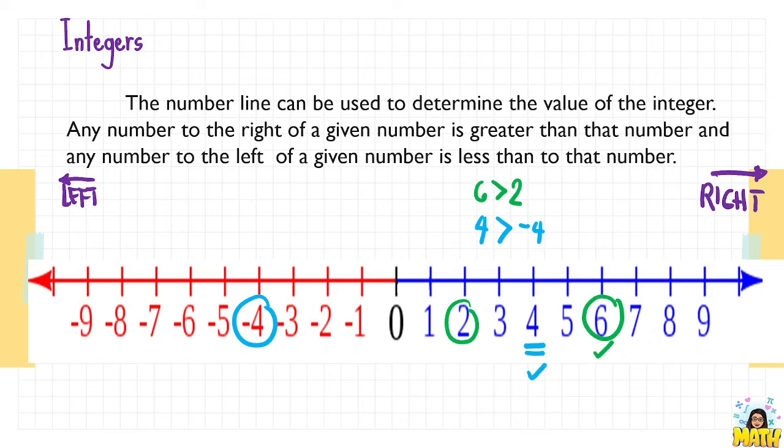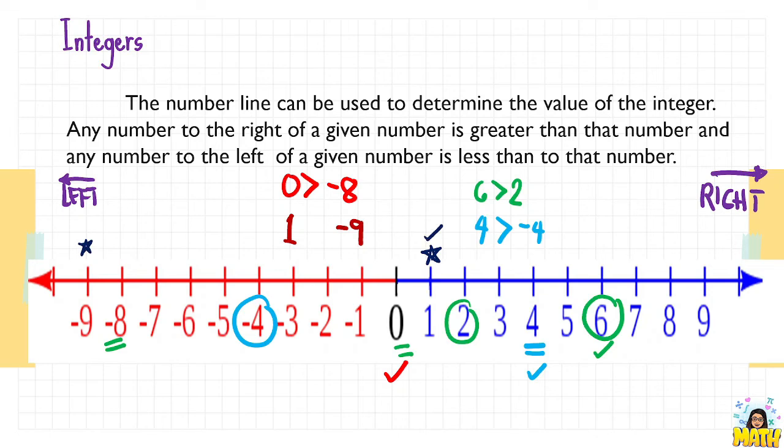Let's compare negative 8 and 0. So for negative 8 and 0, ang integer na nasa rightmost side ay 0. This means that 0 is greater than negative 8. Last example, let's compare 1 and negative 9. Positive 1 is here, while negative 9 is here.